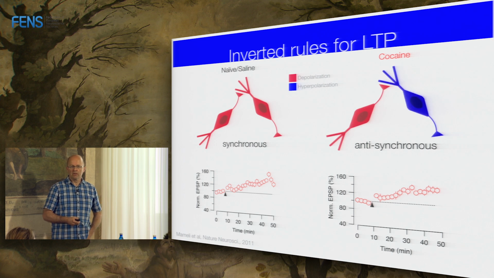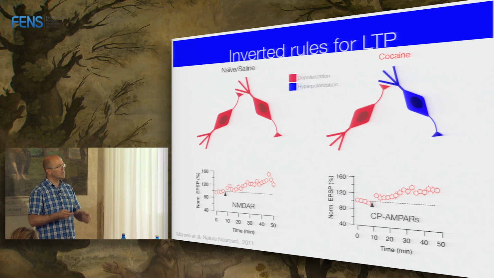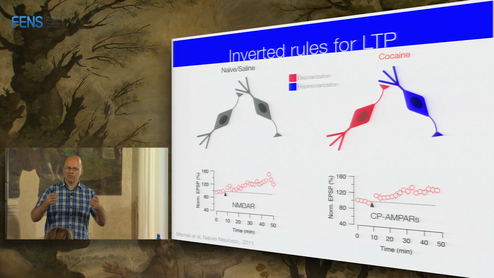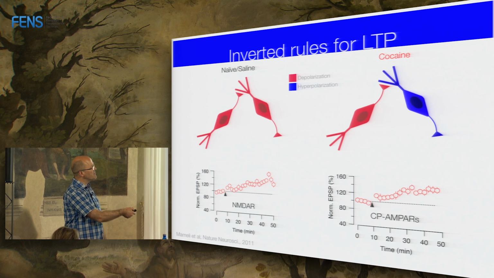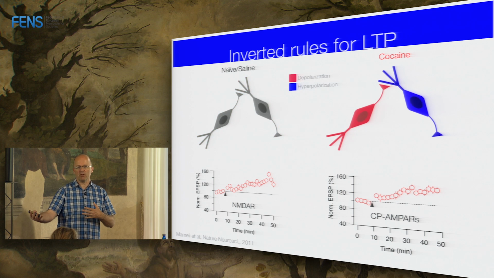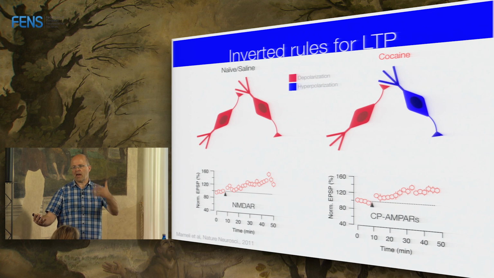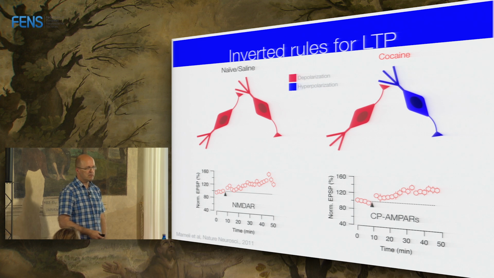Okay? So in other words, what cocaine does is it changes the rules of engagement. It changes from a classical NMDA receptor-dependent form of plasticity to a calcium-permeable AMPA receptor-dependent form of plasticity, where you have a pairing between a hyperpolarized neuron and an active neuron upstream.